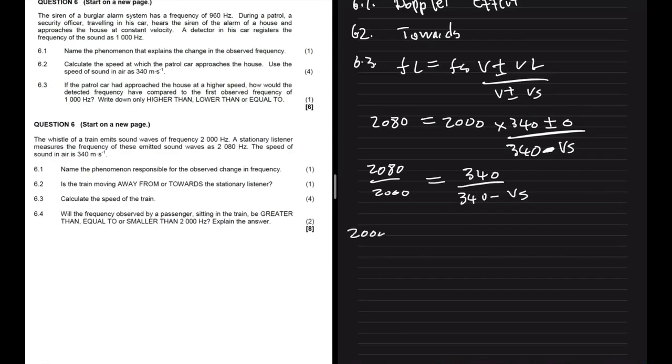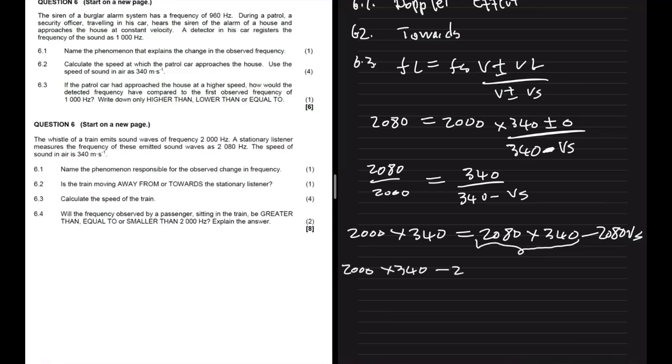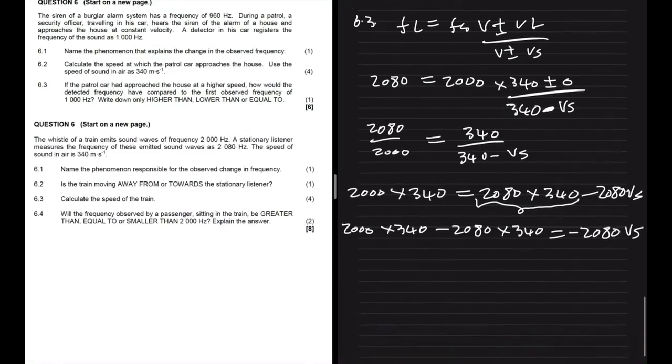So we have 2000 multiplied by 340 equals 2080 multiplied by 340 minus 2080 Vs. I'm going to take this expression to the left hand side so that I can isolate Vs. So we have 2000 multiplied by 340 minus 2080 multiplied by 340 equals minus 2080 multiplied by Vs. And then I'm going to divide both sides by minus 2080 and see what we get.